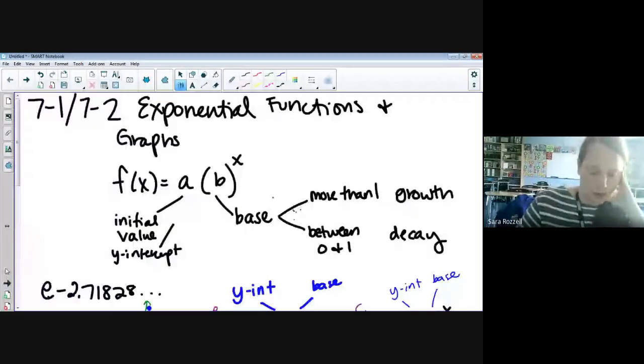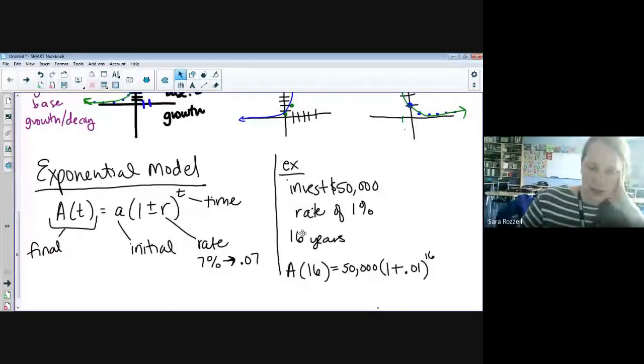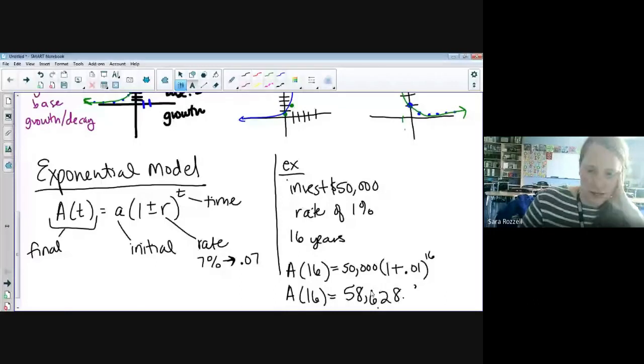Okay. All right. So our 1% interest rate for 16 years, we ended up having, did anybody do that on their own? $58,628.93.